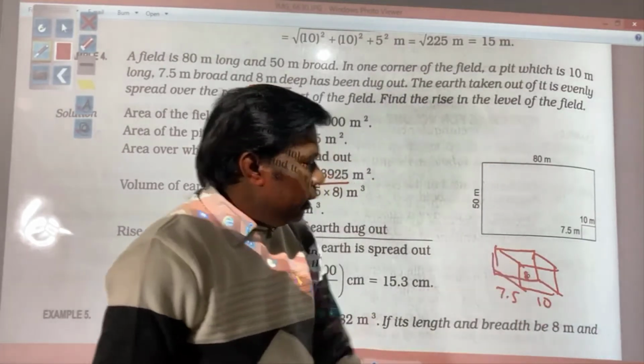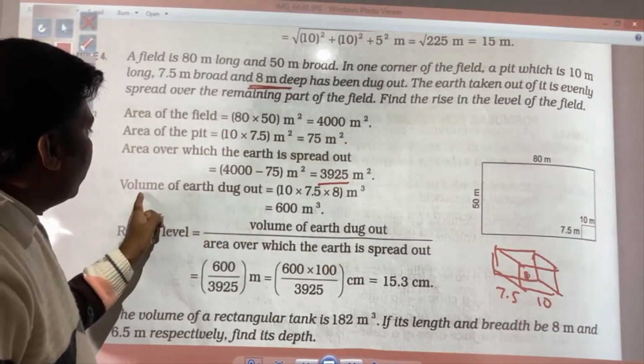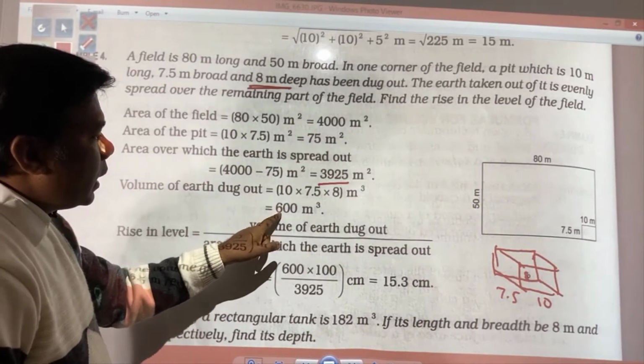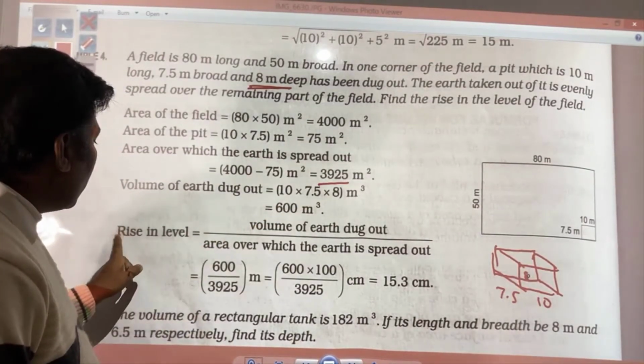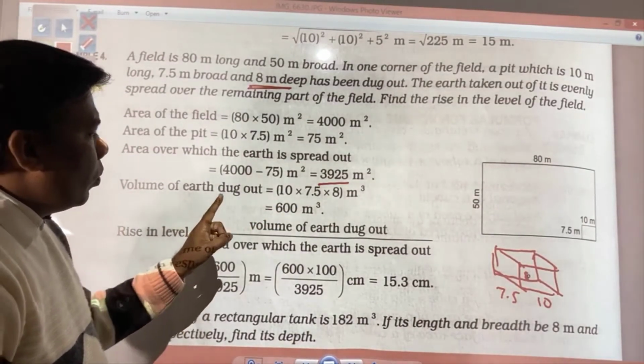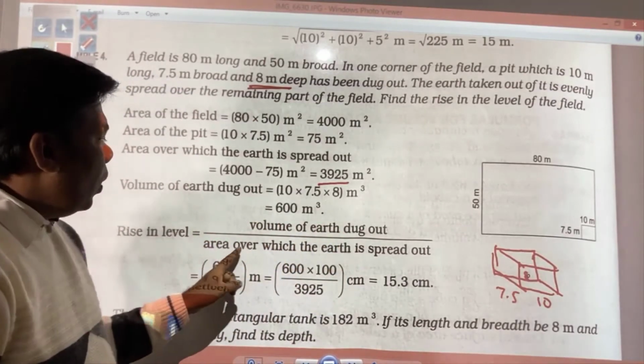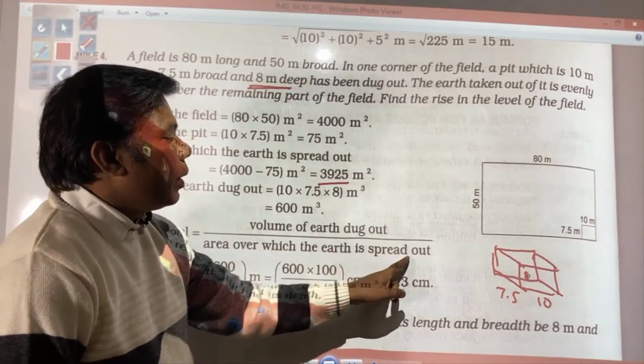Length, breadth and height. So volume of the earth or volume of pit is 600 meter cube. Now rise in level will be what? Volume of the earth dug out divided by area over which the earth is spread out.